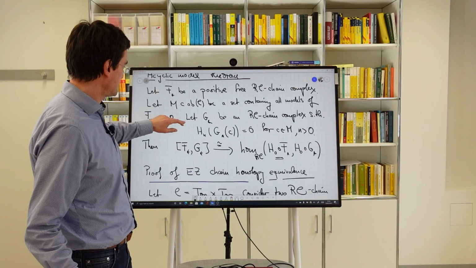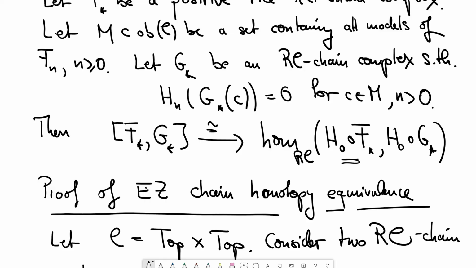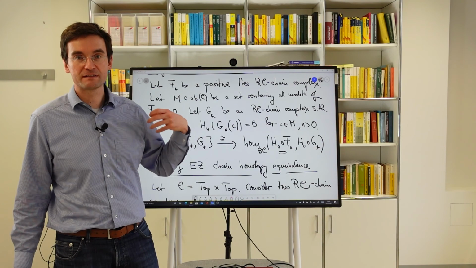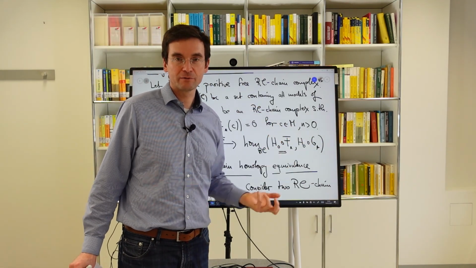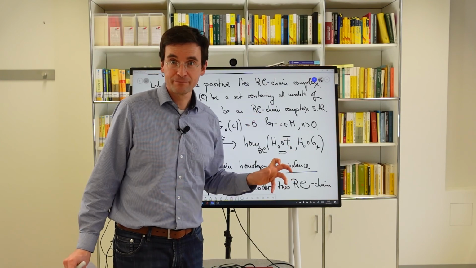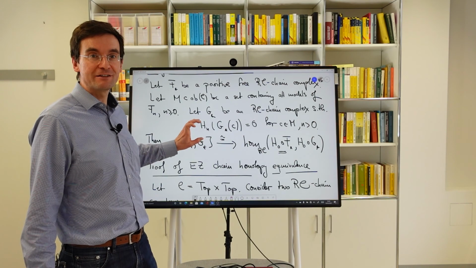The statement was that the chain homotopy class is determined by whatever is happening on H_0. But whatever is happening on H_0, this was given in the Eilenberg-Zilber statement because we said what is happening on zero simplices. And the statement is that that determines a natural chain homotopy equivalence.